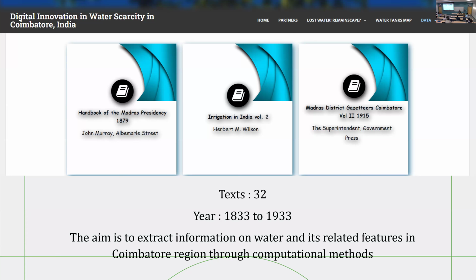As part of this project, I collected 32 texts that specifically focused on this region, from different online websites like Internet Archive, Google Books, and some libraries from India as well.